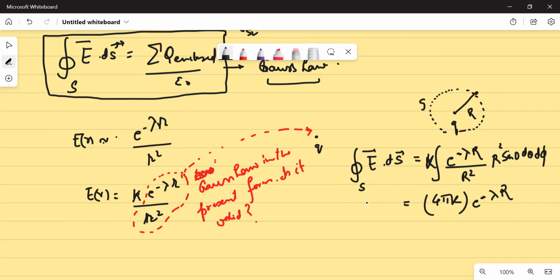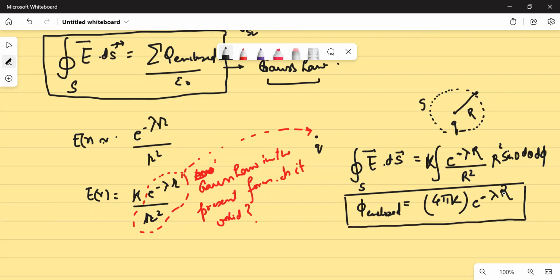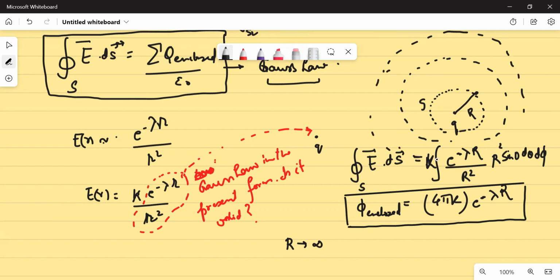Now your flux enclosed depends upon the radius of the Gaussian surface. As you can see here, there is a dependence on r. What does it imply? If I take r tends to infinity, even if I make the surface as large as possible, in the form that I know, the total flux enclosed is q upon epsilon.